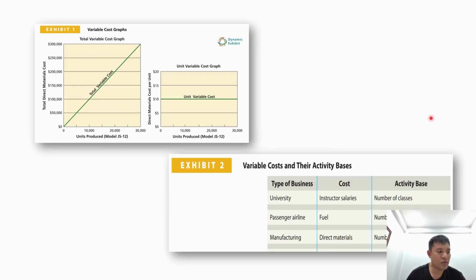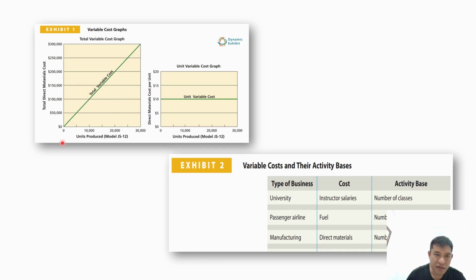So Exhibit 1 here illustrates how the variable costs for direct materials for model JS-12 behave in total and on a per unit basis as production changes. So the first graph here is the units produced, which is the model JS-12 versus the total direct materials cost.